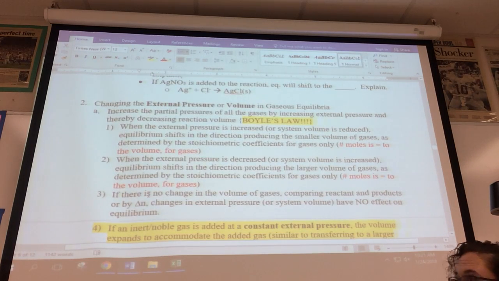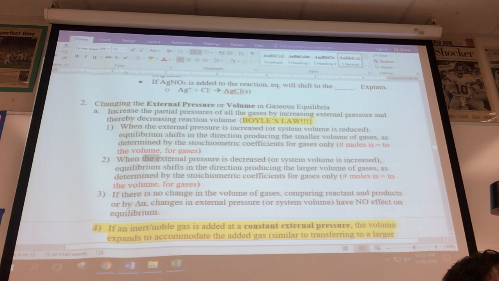All righty. Pressure. Very simple. You know that pressure and volume are inversely related according to Boyle's law. When you increase the partial pressure of the gases by increasing the external pressure, you thereby decrease the reaction volume. When you increase pressure of a system or decrease the volume, equilibrium will shift to the side with the smaller volume of gases, which is determined by the stoichiometric coefficients.